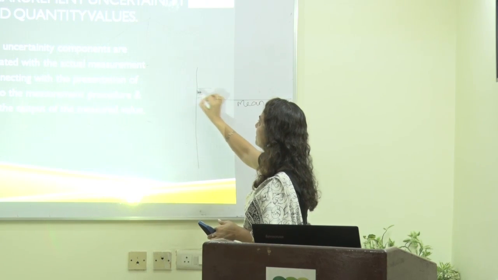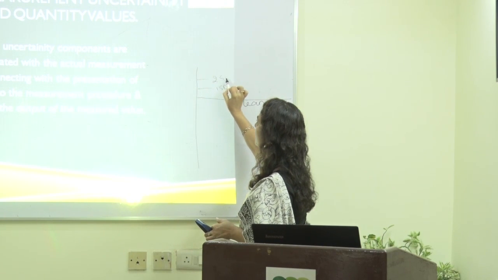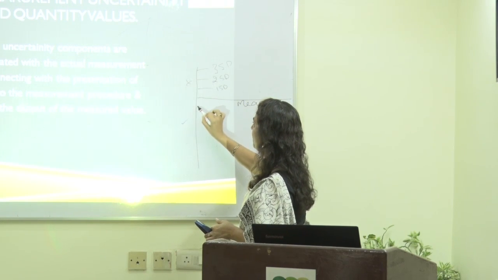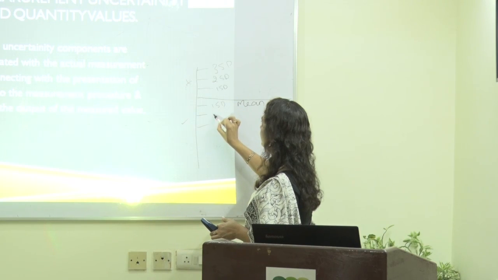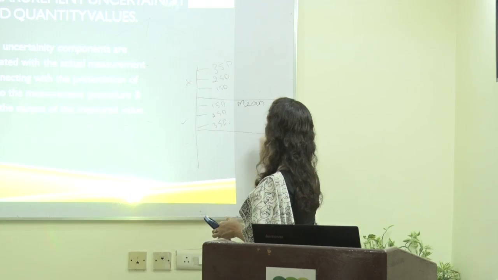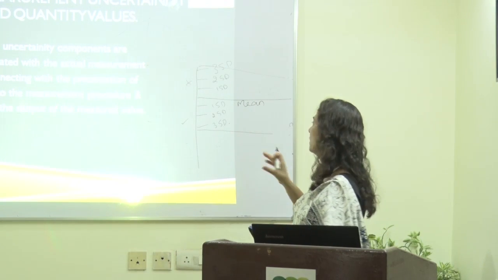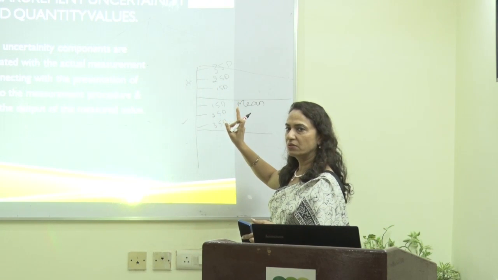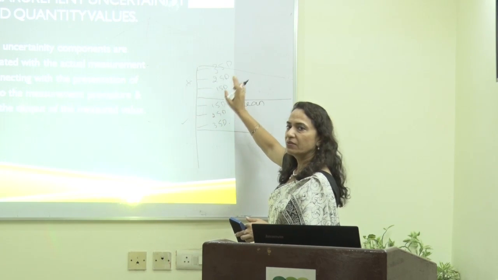Then there is 1 SD, then 2 SD, then 3 SD, plus and minus. So that means anything which is still within 1 standard deviation, it's acceptable. 2 SD, 3 SD.